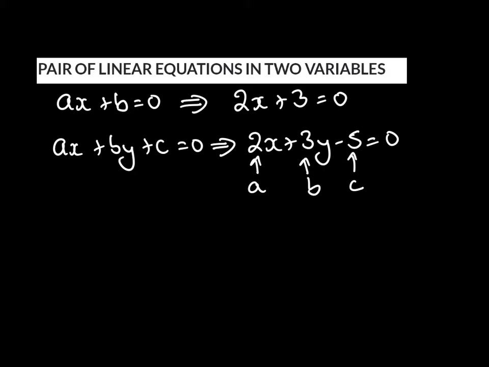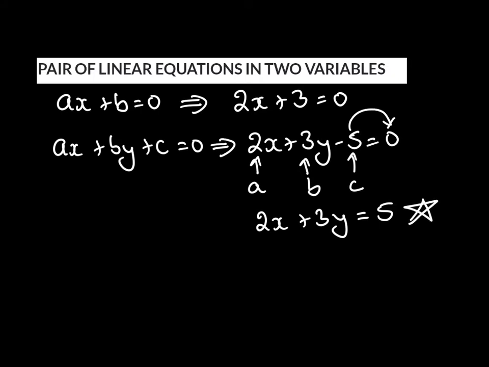We can write this equation as 2x plus 3y equal to 5 when we move the minus 5 on the other side. So this is an example of a linear equation in two variables.